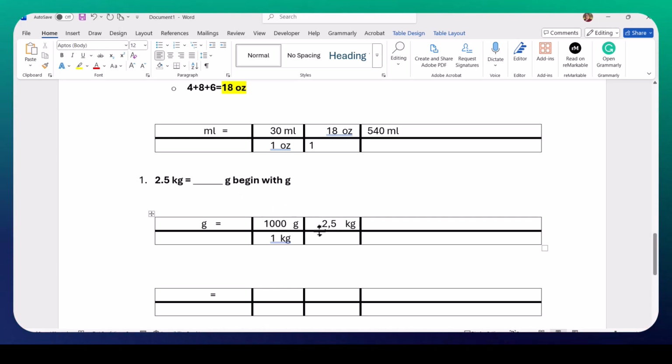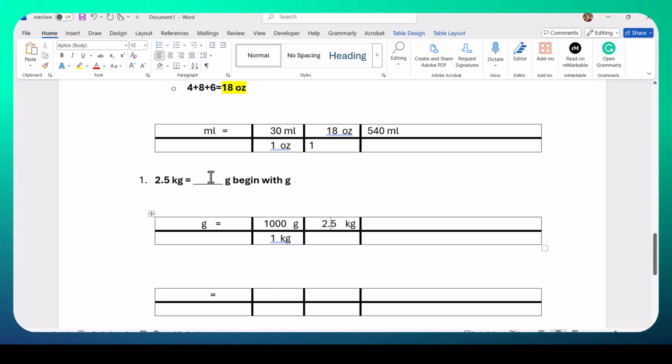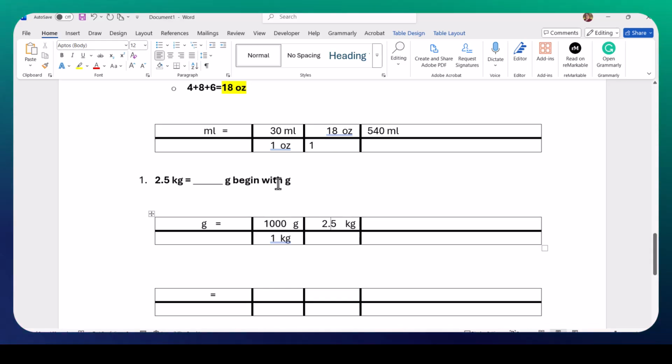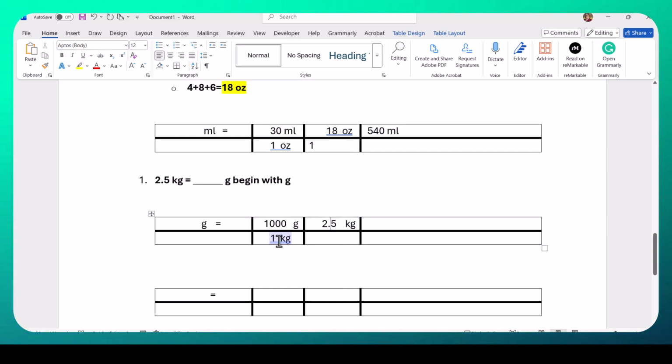2.5 kilograms. There's a couple of pointers that I'm going to tell you just for good practice, okay? I always cross out what I've used in a problem. They'll have a lot of different numbers on here, and as we teach you to decipher the questions, once I use that 2.5, I cross it out in the problem so I know I used it. Now I'm going to cross off what matches. Kilograms and kilograms match, so cross them off.